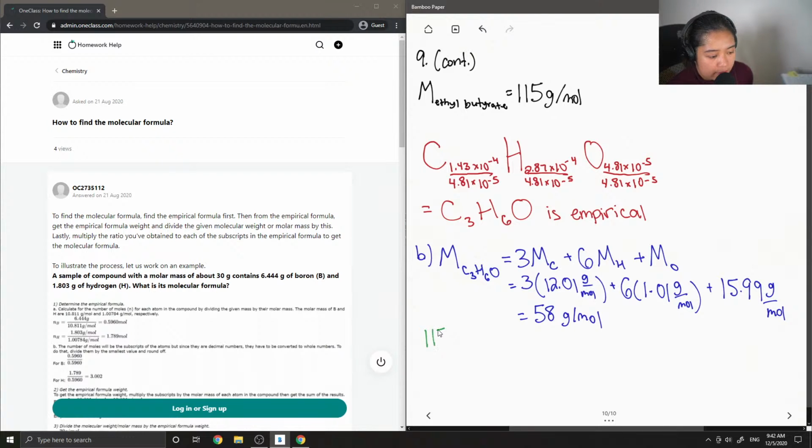So 115 grams per mole divided by 58 grams per mole gives us 2. Therefore, we need to multiply our empirical formula by 2. So this gives us C6H12O2. And this is how we find the molecular formula.